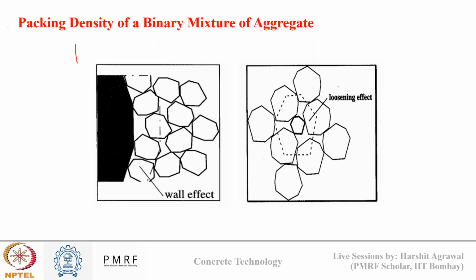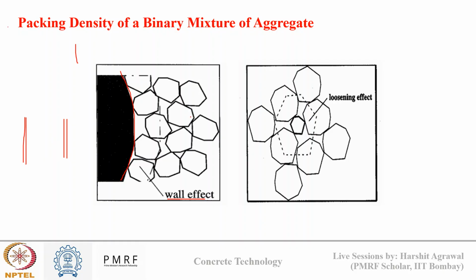And second is the loosening effect, where due to an increased void in between aggregate, fine particles start to disrupt the packing of coarse particles. Okay, so in wall effect, suppose we have a formwork, and these are the walls of the formwork.